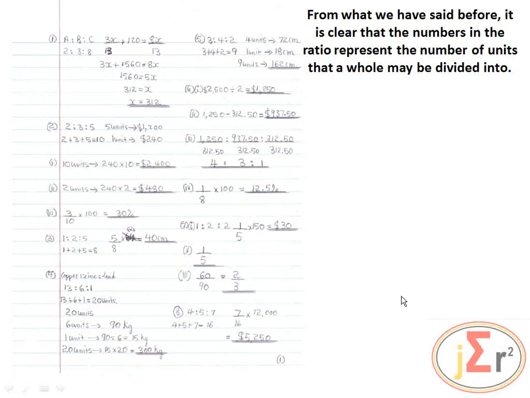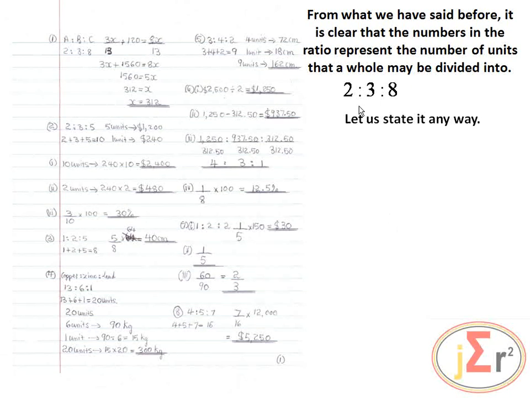From what we have said before, it is clear that the numbers in the ratio represent the number of units that a whole may be divided into, but we will go straight ahead and state it anyway.